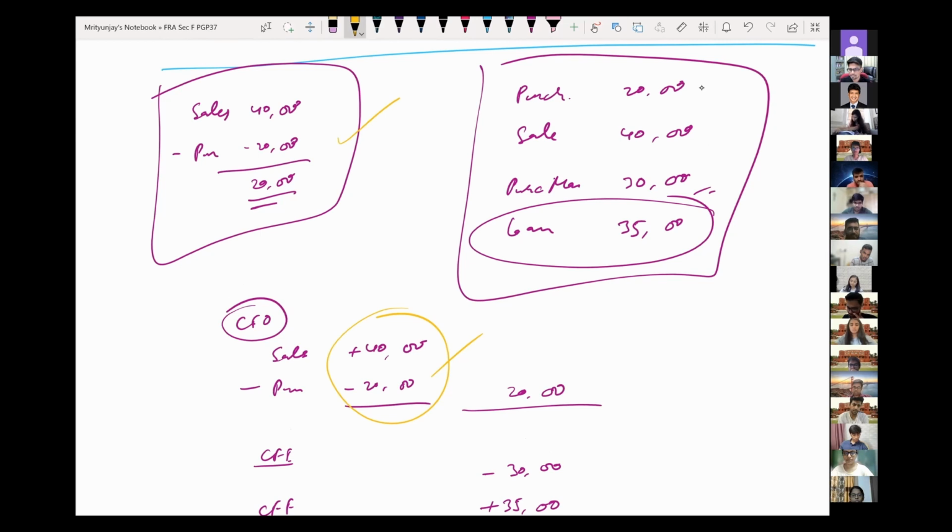Are they looking different or same? Same. Because most of the items in this income statement are going to belong to CFO, we say that there is no point in reproducing the same statement.